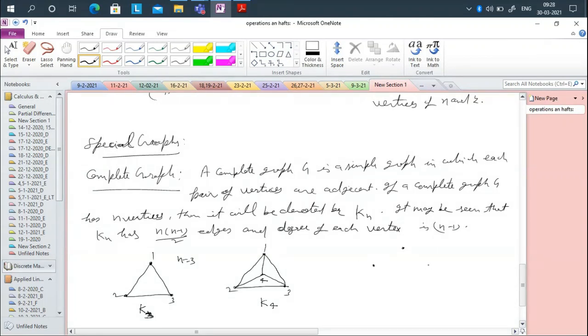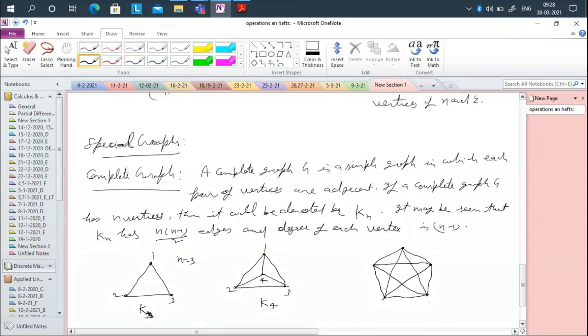Similarly, you see K5. K5 has 5 vertices and the degree of each vertex is 4. So see, 5 vertices there and each pair of vertices are adjacent here. So first we join each vertex. And you see the degree of each vertex is 4 here.